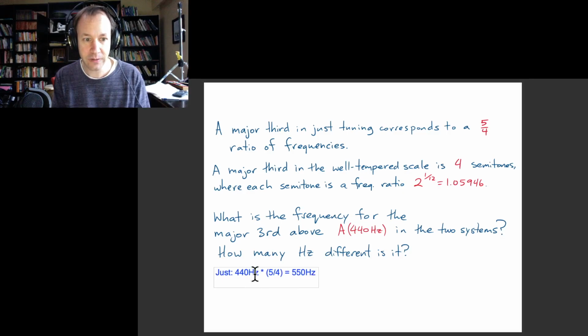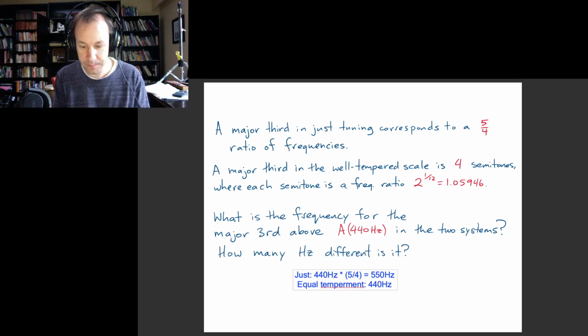Okay. Now with the equal temperament, we want to do something a little bit different. We want to take 440 hertz again as our starting point, but now we want to multiply by 4 of these semitones. So 1.05946, and we take the 4th power of that, because we have to multiply by it 4 times.